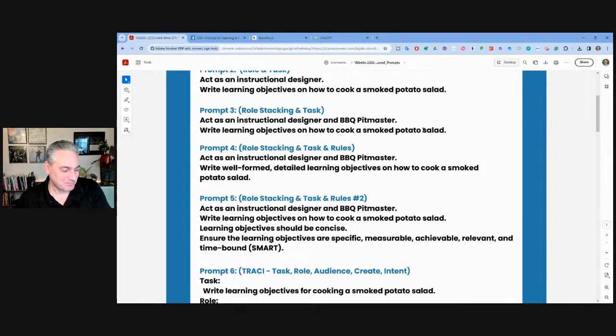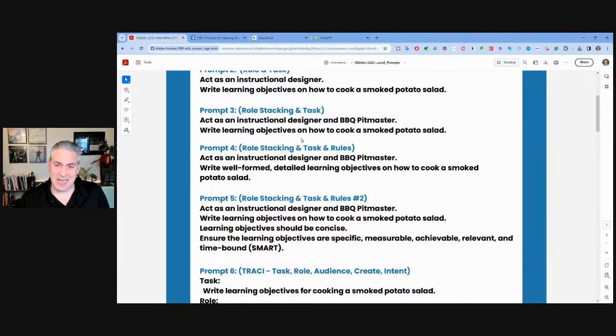So take a look at this technique. You are not restricted to a single role. You can add multiple roles in your prompt to access multiple domains. In this case, I've added a barbecue pitmaster. Who else would know how to make a smoked potato salad, right? I could put a chef or some other type of professional in there that may also know how to make this, but I'm going to go with barbecue pitmaster.